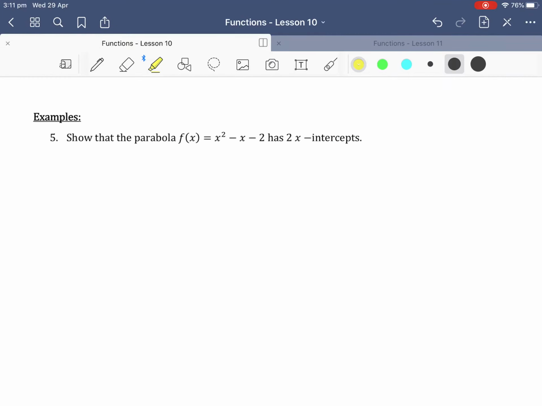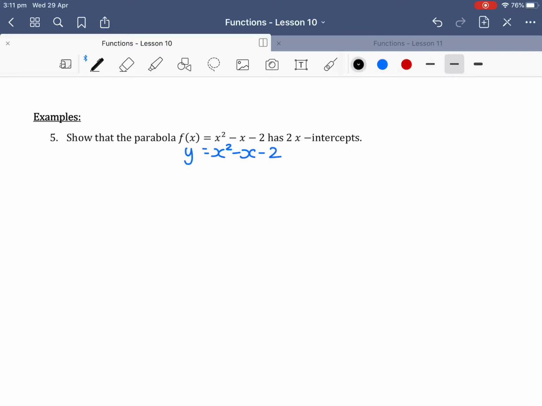So let's have a look at some examples. What we want to do is show that the parabola of our function f(x) equals x squared minus x minus 2 has two x-intercepts. We need to remember that f(x) is the same as y equals x squared minus x minus 2, and we want to show that it has two x-intercepts.